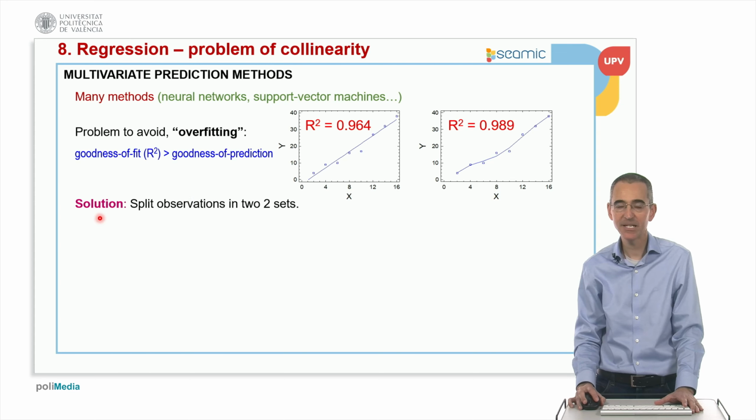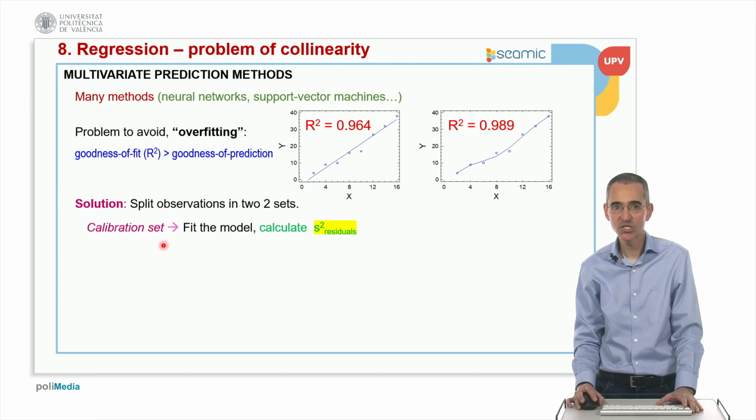So in many cases, the solution to ensure that a model is not overfitted is to split the set of observations into sets: a calibration set and a validation set. So first, I take part of the observations, and then I fit the model, and then I calculate the variance of the residuals.